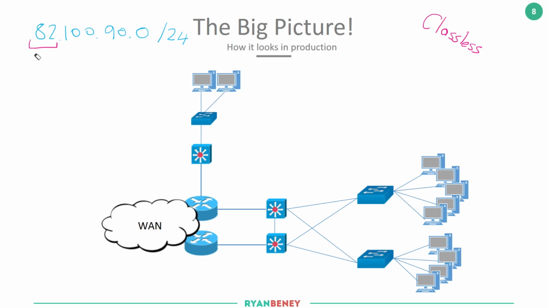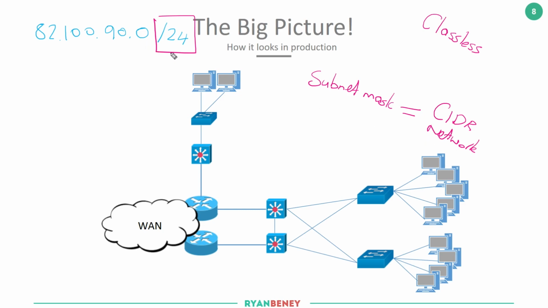And because we're dealing with classless, it's not the network identification bits that determine the network and host portion of the IP address, but it's actually the subnet mask. Now, the subnet mask that we've been given from our supplier is a /24, which is the subnet mask but presented in what we call CIDR notation, sometimes called a network prefix.